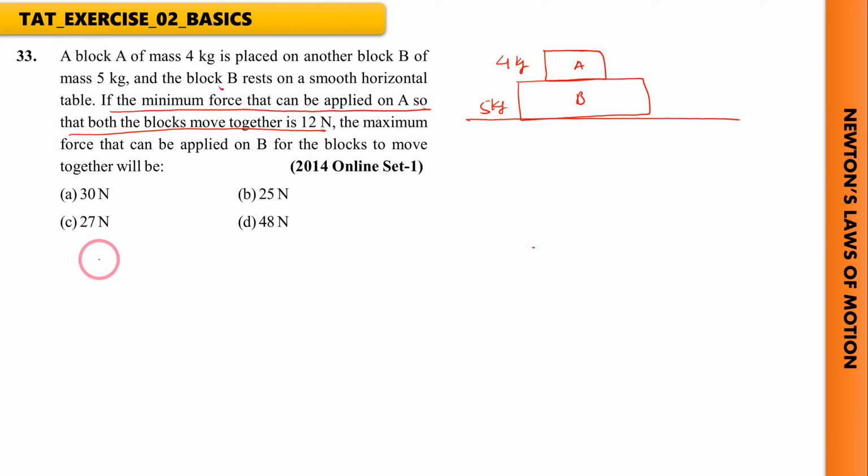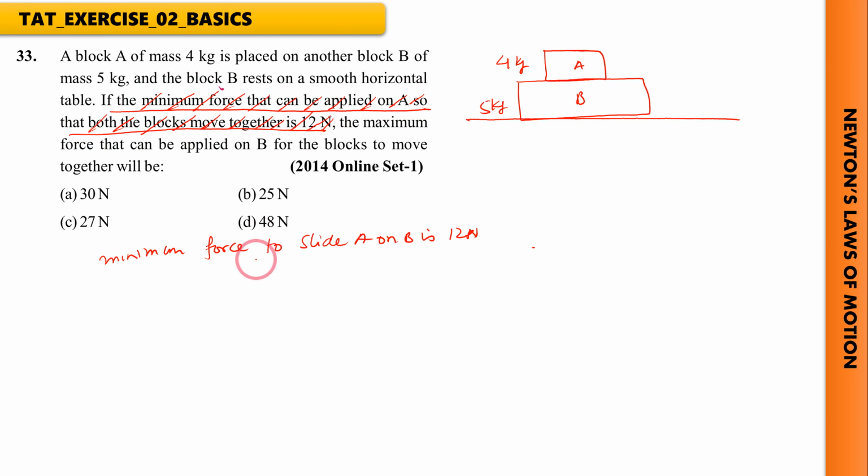The question given is: minimum force to slide A on B is 12 Newton. Okay, this is the question, and here it is written minimum force that can be applied on A so that both the blocks move together is 12 Newton. This is not right, so kindly correct this question.